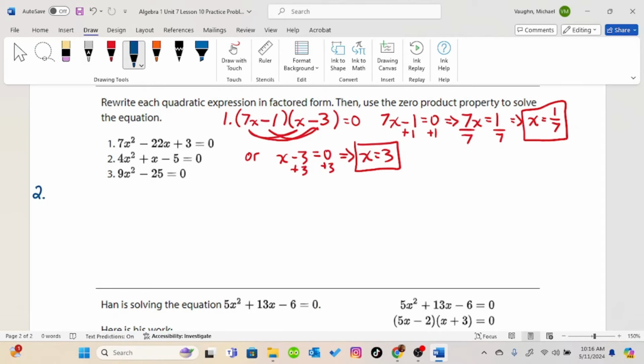So I'm going to try 4x times x. I know that because I have a minus sign for my second, they need to be opposites. And because my first sign is a plus, I know my larger one needs to have a plus sign.